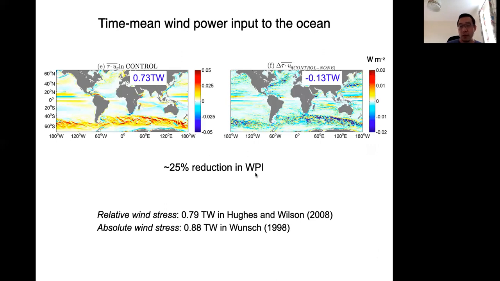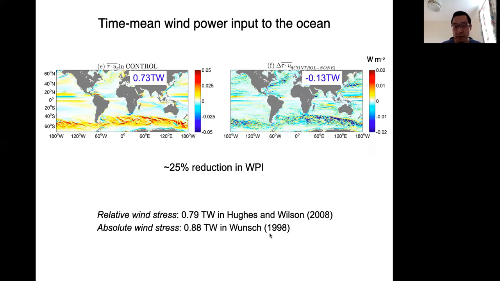So that's roughly in the ballpark of previous studies. For example, in Hughes and Wilson, an observational study, they estimate wind energy input using relative wind stress, and they find the energy input is about 0.79 terawatt, and so we have 0.73 terawatt.